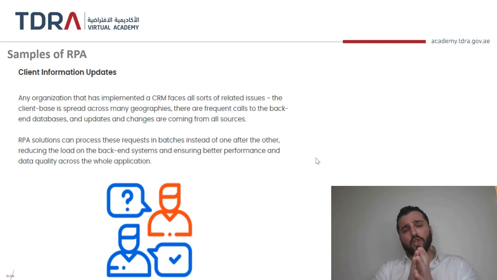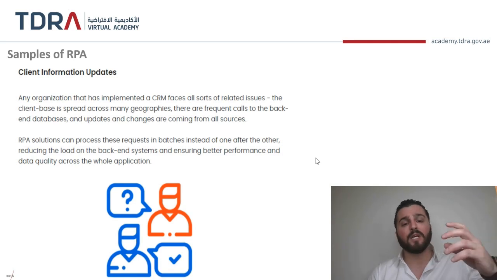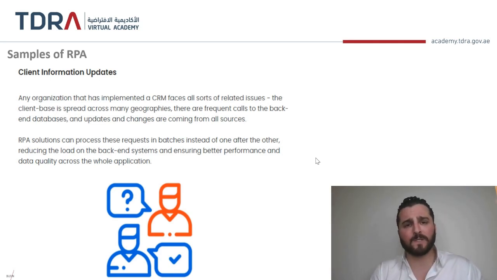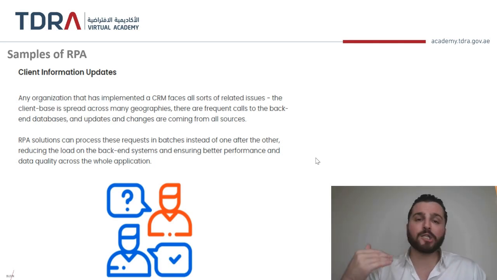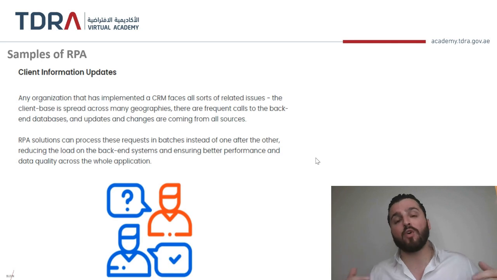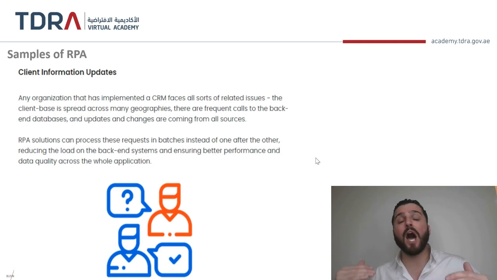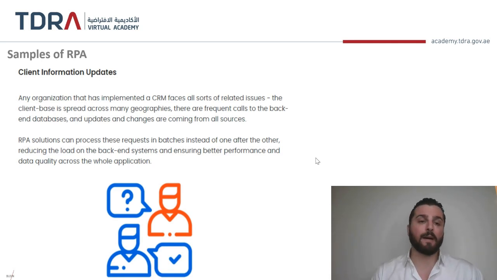In all CRM, sorting the client's information is a main issue, starting from geographical factors, any calls that have been received, any inquiries, updates on the national number, social security number, changes coming from different sources or government entities that interlace with this information. So the RPA will make sure that we can process all these batches and all this information with better performance and higher data quality across all the applications in general.